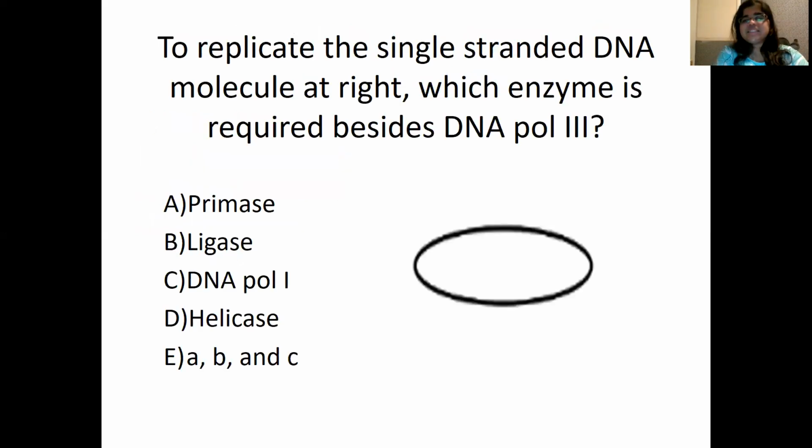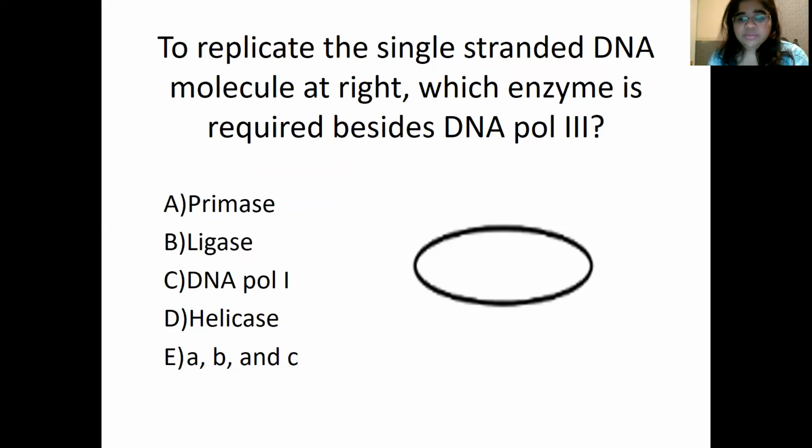So next question here is, to replicate the single-stranded DNA molecule at right, so this wonderful little circle, which enzyme is required besides DNA polymerase 3? So what do we know here? We know that the DNA is single-stranded and we have DNA polymerase 3.